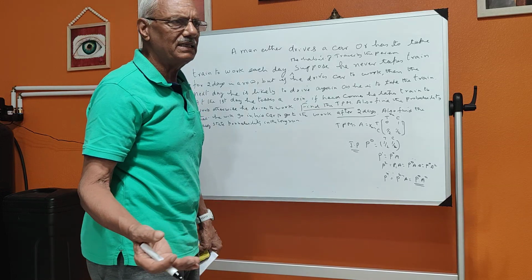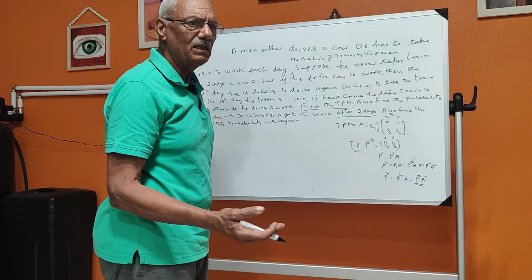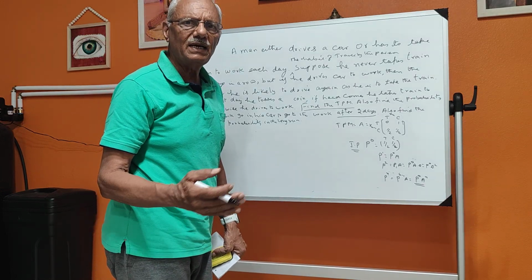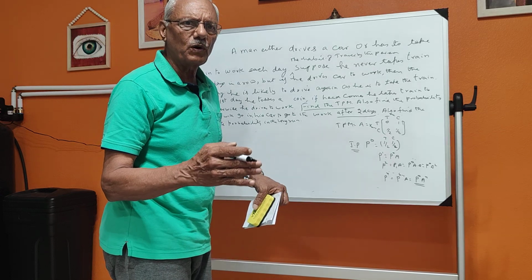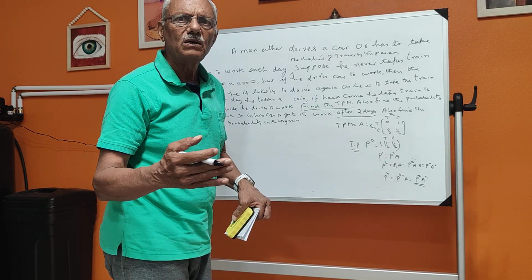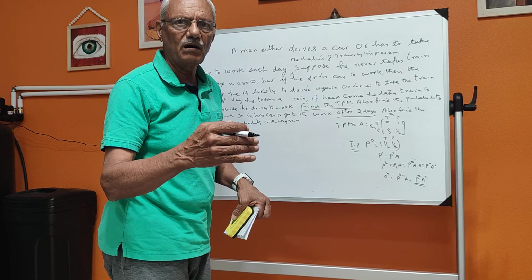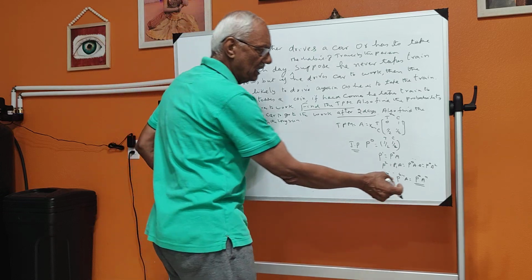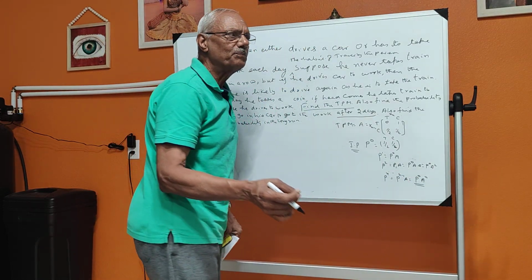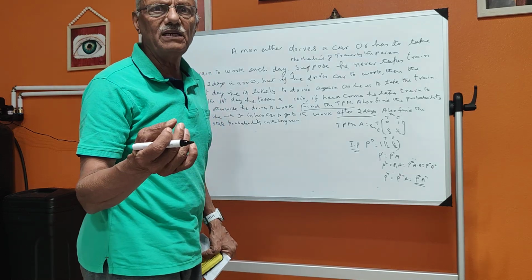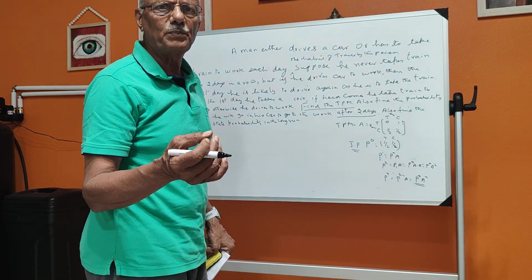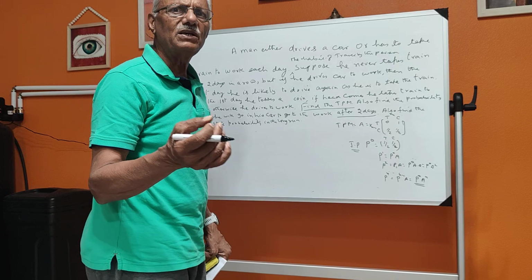And what does steady state mean? As I told you, in the long run, what is the probability that he might take train or car after n becomes infinity? When n becomes infinity, it takes a steady state. When it becomes a steady state, what is the probability that he travels by train or car?